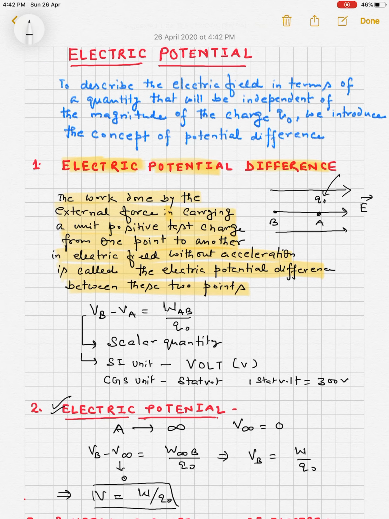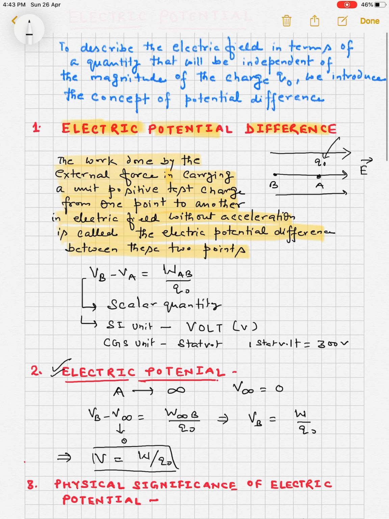So potential at a point is the amount of work done in bringing a unit positive test charge from infinity to that point in the electric field without acceleration. So this is electric potential.